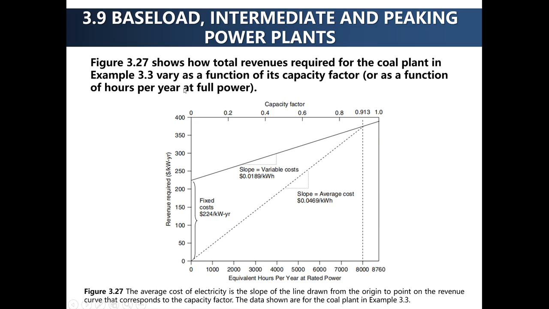The y-axis shows the revenue, and the top line shows the capacity factor. So when a power plant runs at the equivalent of 8,000 hours per year at full rated capacity, that is equal to a capacity factor of 0.913.